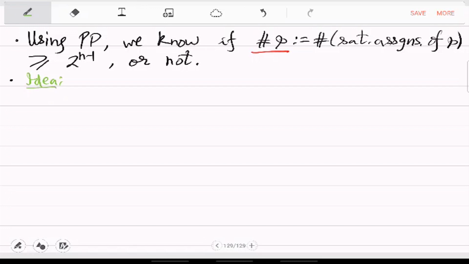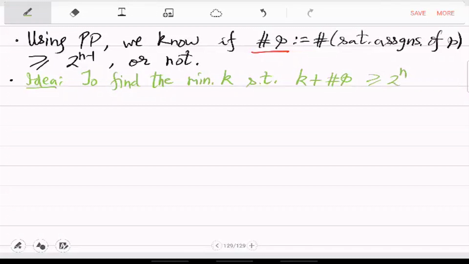So the idea is to find the minimum non-negative integer k such that k plus the number of satisfying assignments is at least 2 raised to n, right?